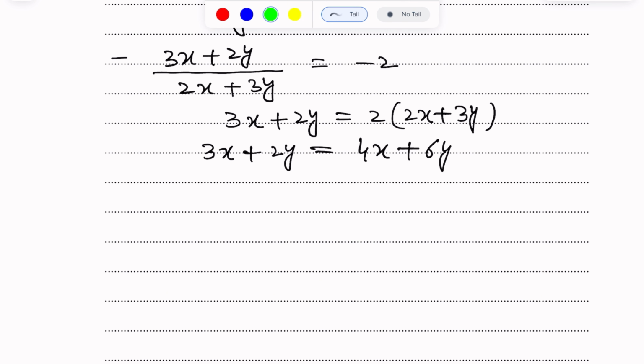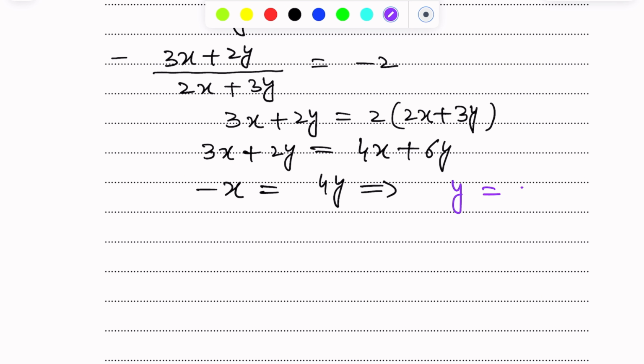Collecting the like terms, 3x minus 4x, minus x, is equal to 6y minus 2y, that is 4y. From here y is equal to minus x over 4.